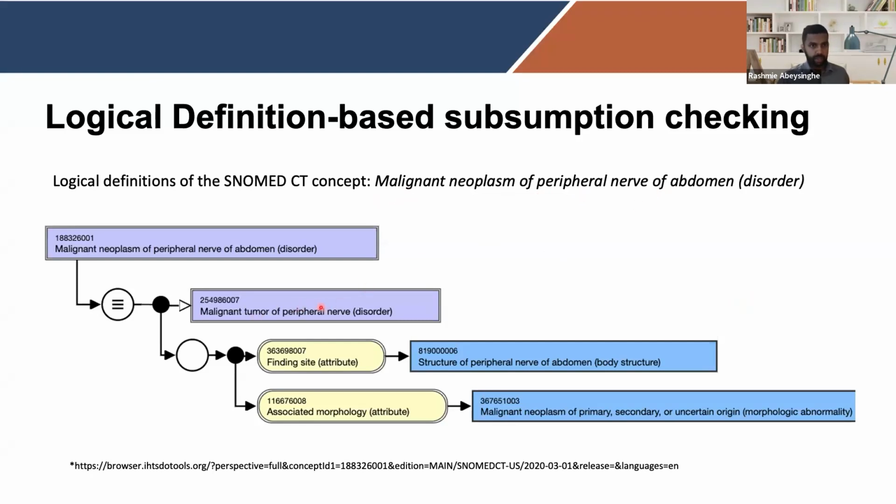So it has one ISA relation and 2 attribute value pairs. This finding site is an attribute, and structure of peripheral nerve of abdomen is its value, and likewise this is another attribute value pair, and the 2 of them have been grouped together.